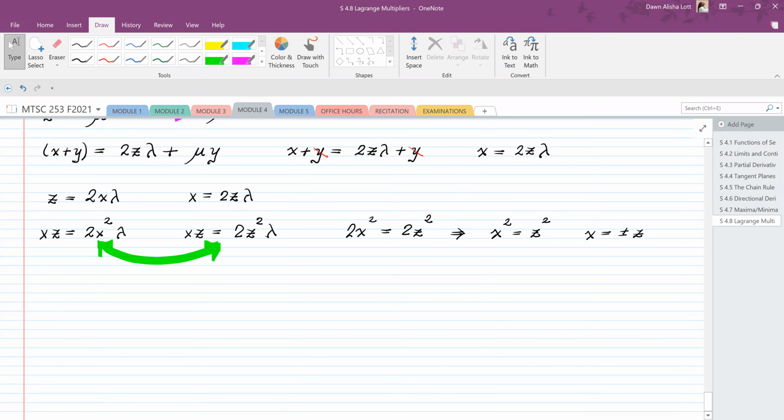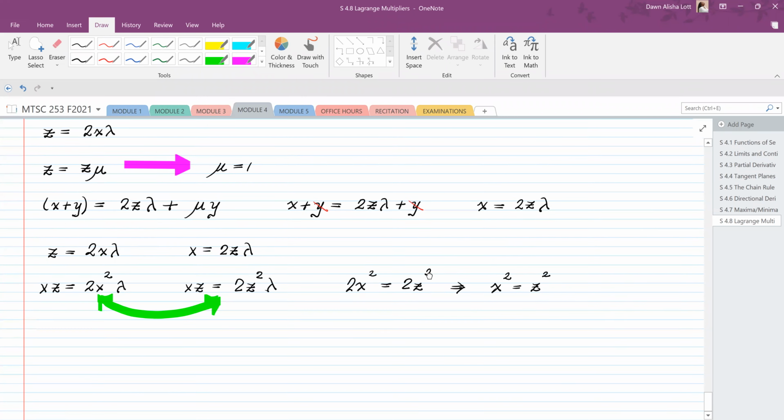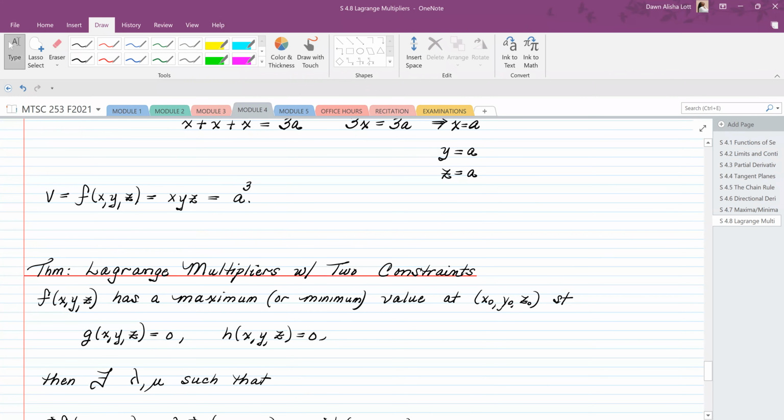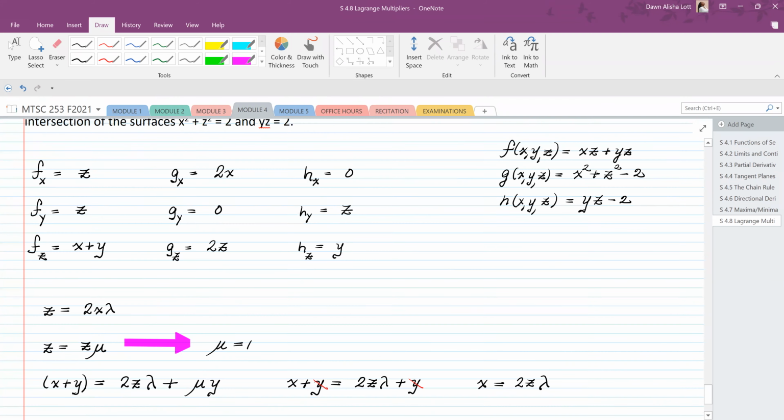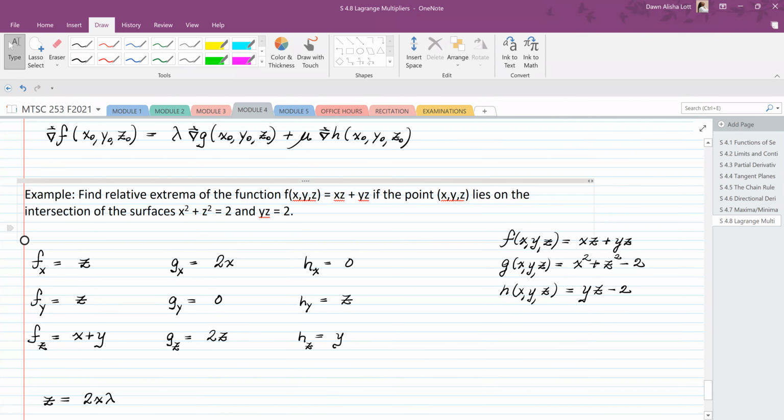So now from this first equation, I have lambda is equal to z over 2x. And from the second equation, I have lambda is equal to x over 2z. That still gives me the same thing. Oh, I know what I'm doing wrong. Okay. So x squared equals z squared. Go back to the first equation. Where was that first equation?